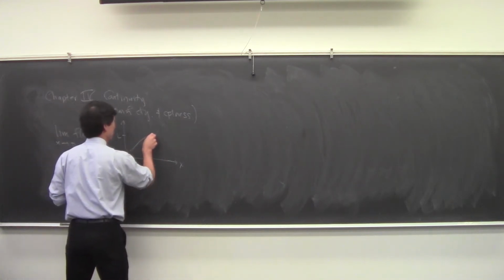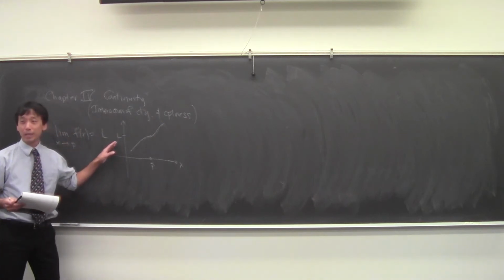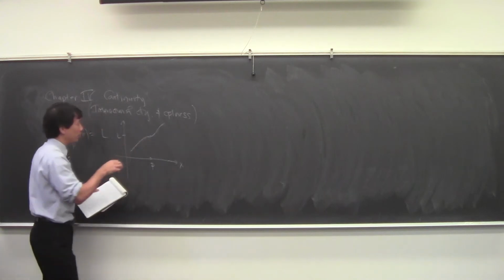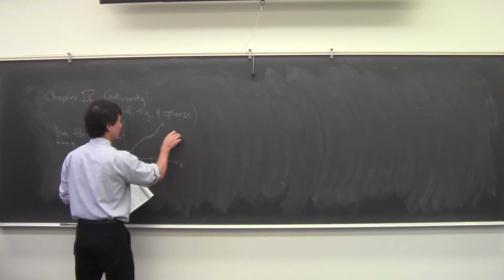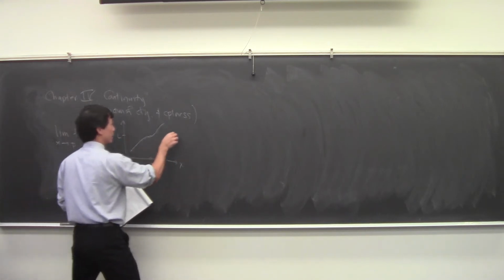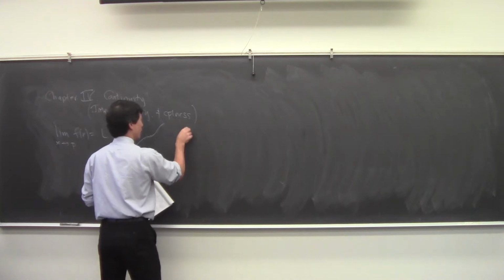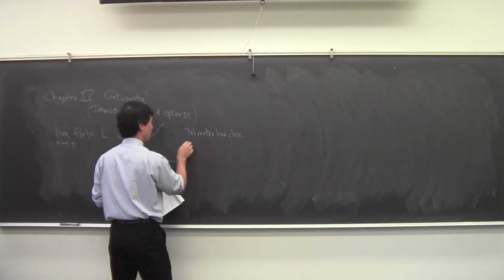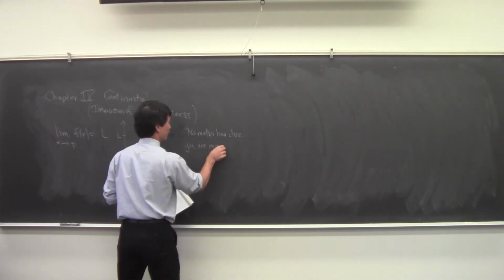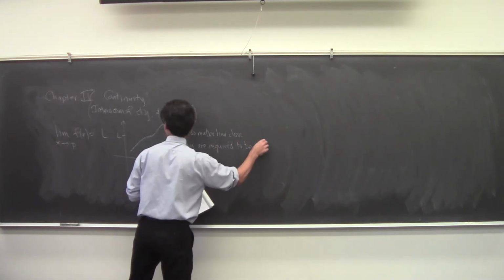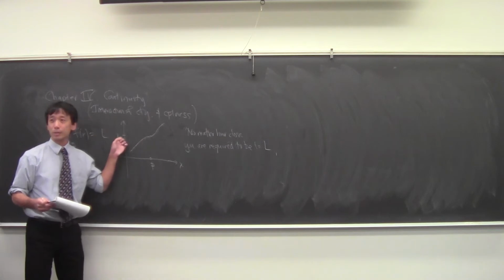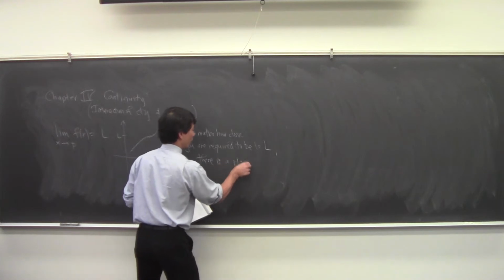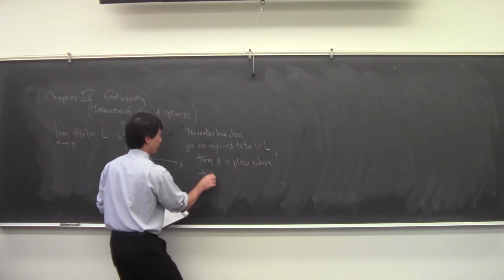There's another way of thinking about it. You say that the limit is L means that, no matter how close someone wants you to be to L, there is a place where that is satisfied.